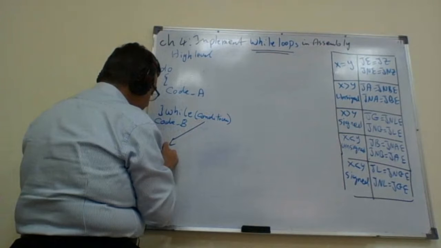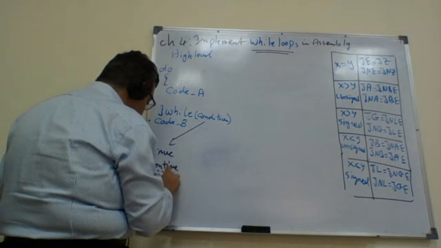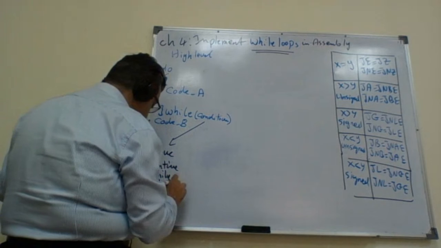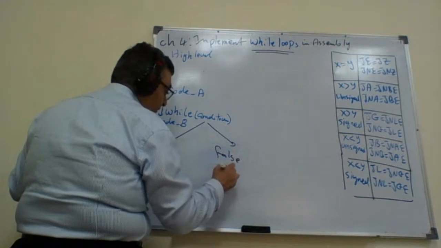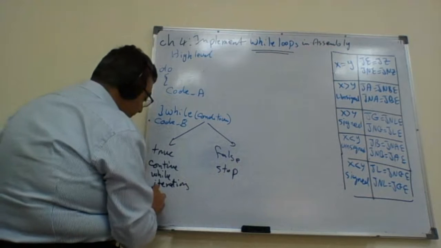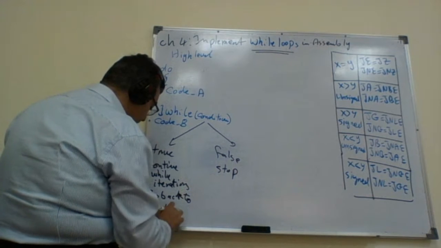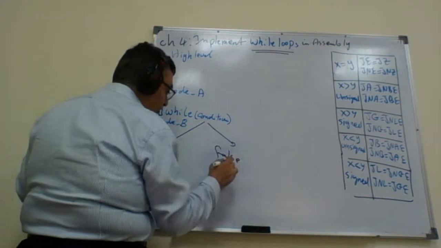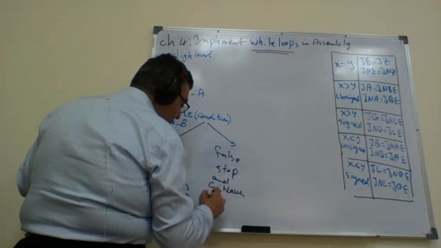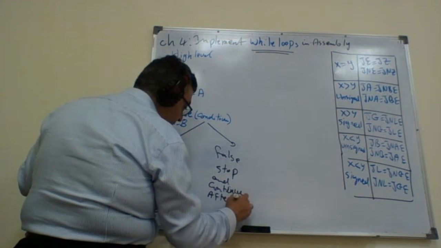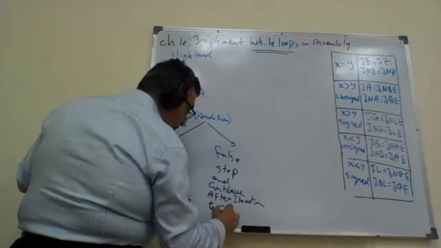If the condition is true, I continue the loop or the while iterations, and go back to code A. If the condition is false, stop and continue after the iteration, to code B.